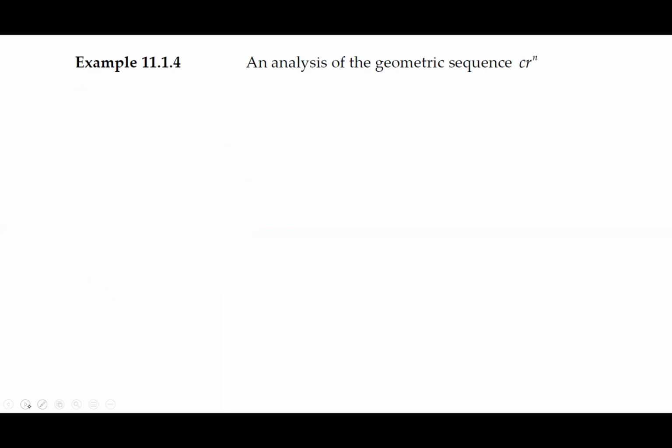All right, let's look at the geometric sequence. That's a sequence you probably recognize. But I want to look at some cases. So for case 1, let R be greater than or equal to 0, and let's make our C positive.